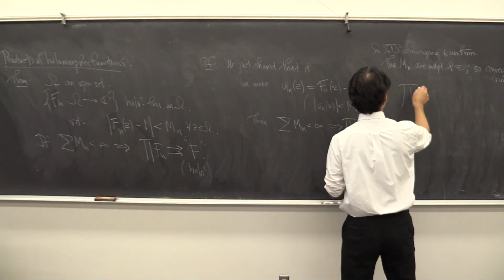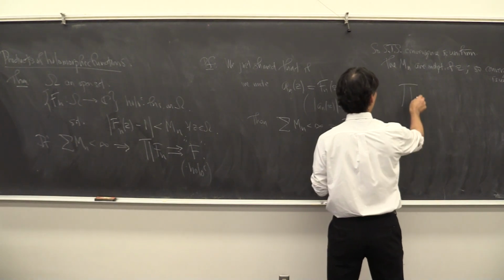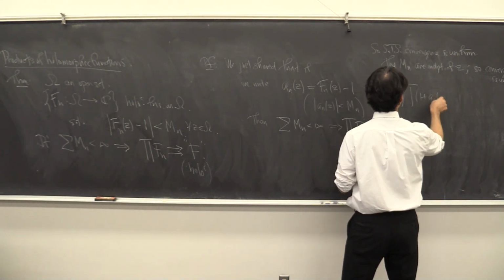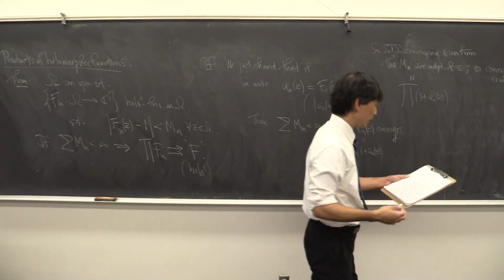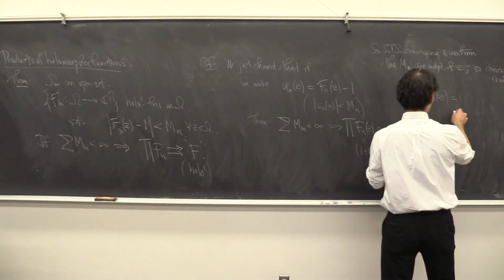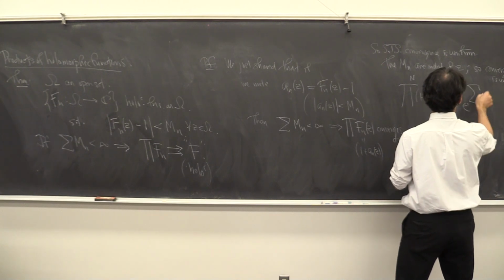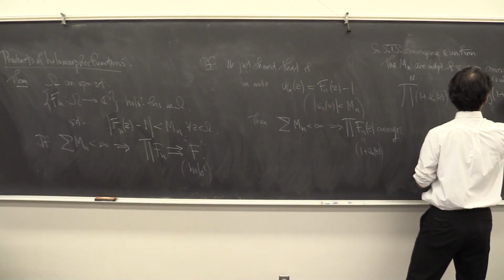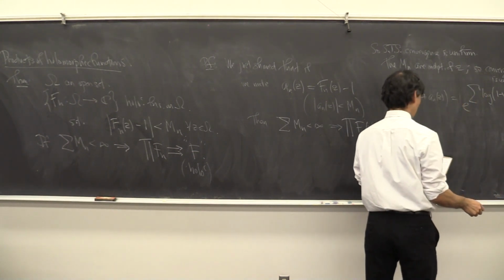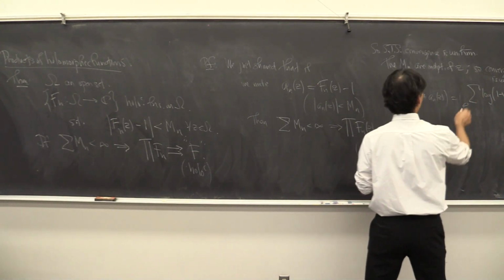Just to lay it out a bit more explicitly, if we're looking at this product of 1 plus a sub n, going through the same argument as we did before, that's going to be e to the summation of log of 1 plus a sub n of z.